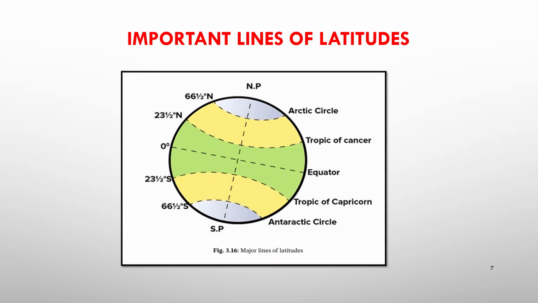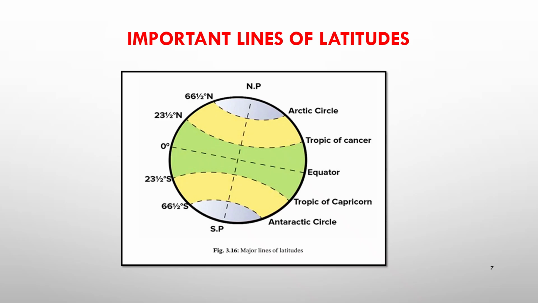When we get to longitudes, you appreciate that. So at the North Pole, all longitudes converge. They all meet at a single point. The North Pole is covered in ice and is one of the most extreme environments on our planet.